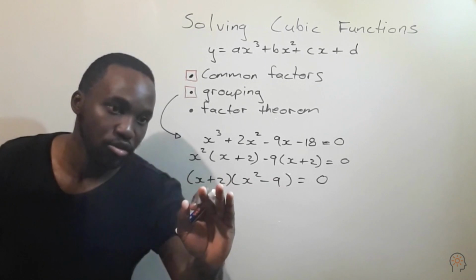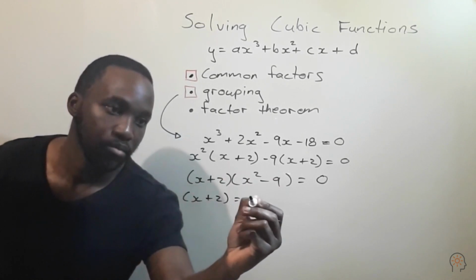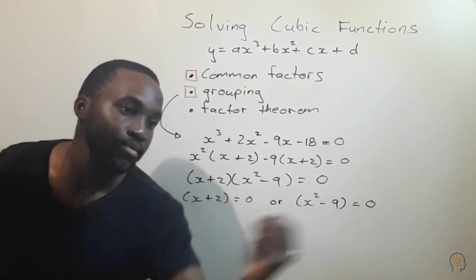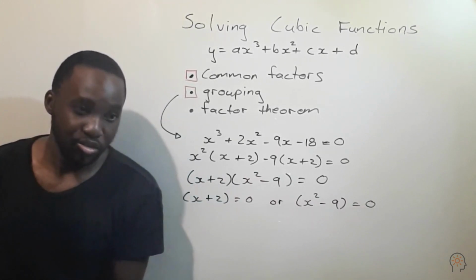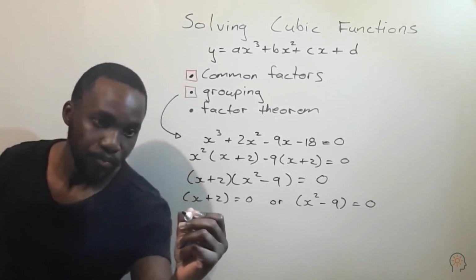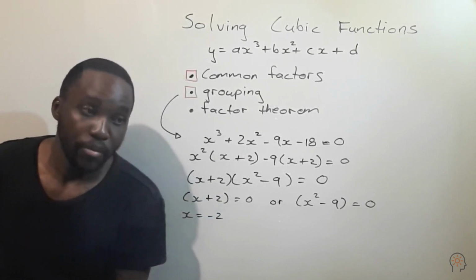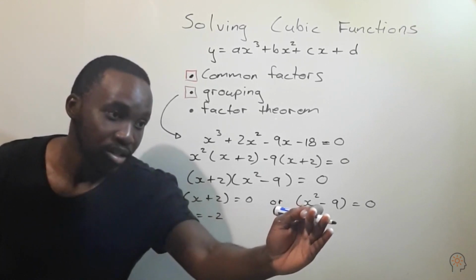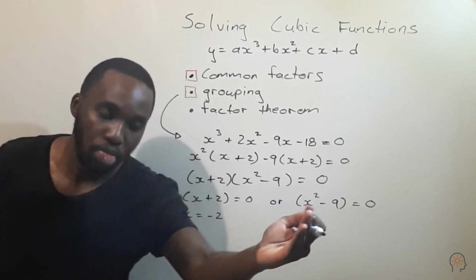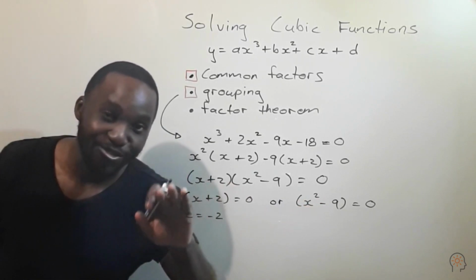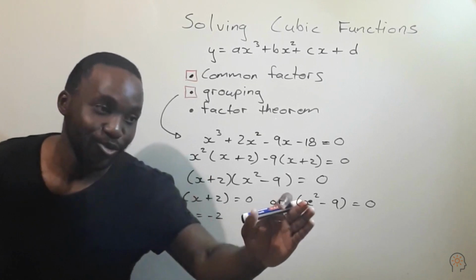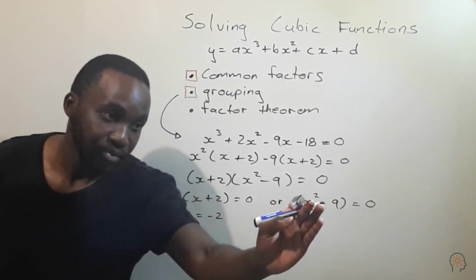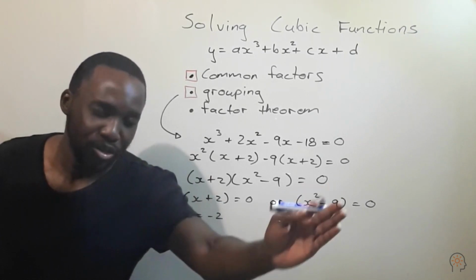Because it just means that your first bracket, you're going to equate it to 0. Your second bracket, you're also just going to equate that to 0. So solving for x here, we know that it is equal to minus 2. Here we can clearly see this is the difference of two squares. The difference of two squares basically refers to a square value minus a value that's also a square number.